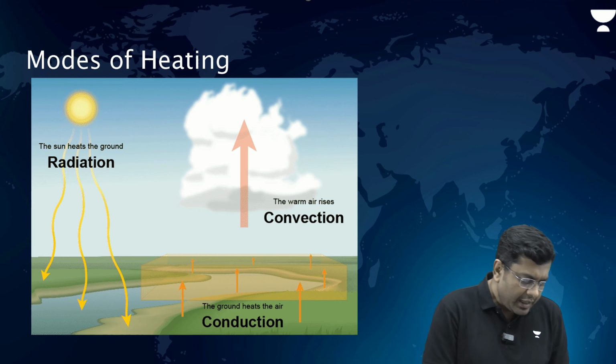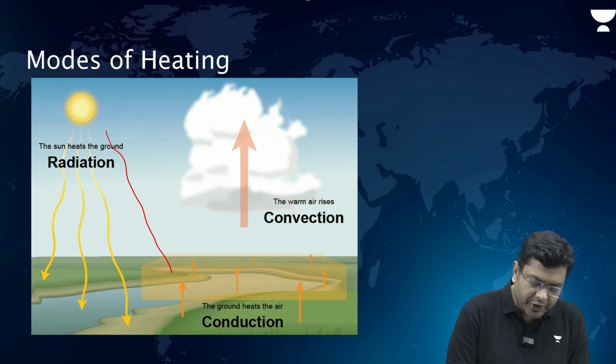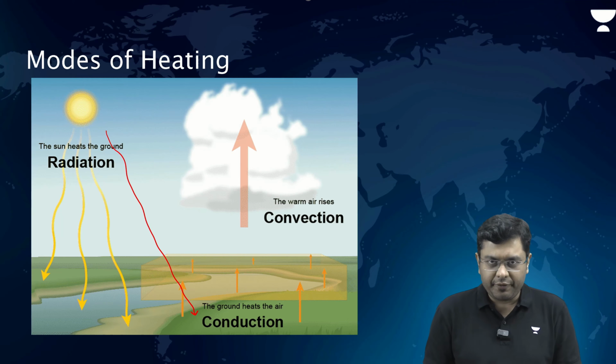Near the ground surface, a process is followed whereby the solar radiation first of all heats the ground surface.